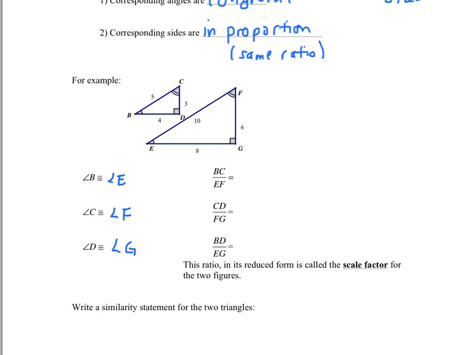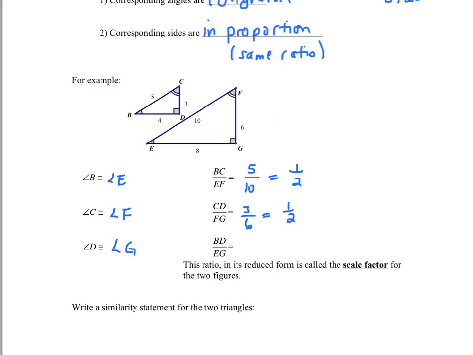So check it out. BC is 5, and it corresponds to EF of 10. And that ratio reduces to 1 over 2. Check out CD, which is 3, and FG, which is 6. So that reduces to 1 over 2. So far we have the same ratio.